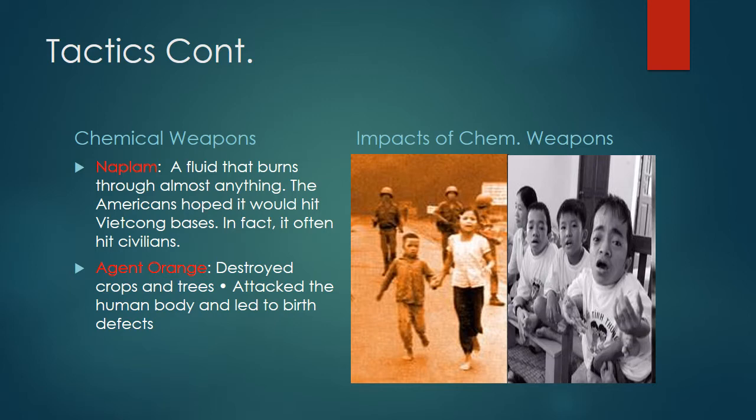In this picture, we can see that the children and common civilians were hit hard, and the Agent Orange destroyed crops and trees, and the human body, which led to birth defects. So it was an inhuman act done by the American forces in the Vietnam War.